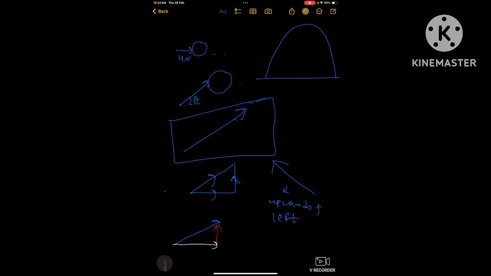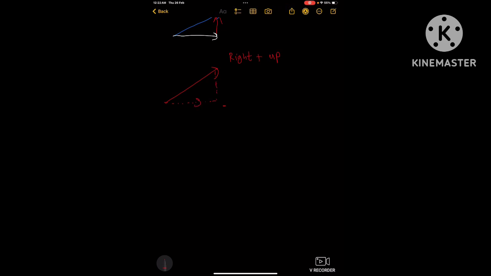Let's do some exercises. So this was the vector. This is right plus up. So we go right and up. Let's see another one.